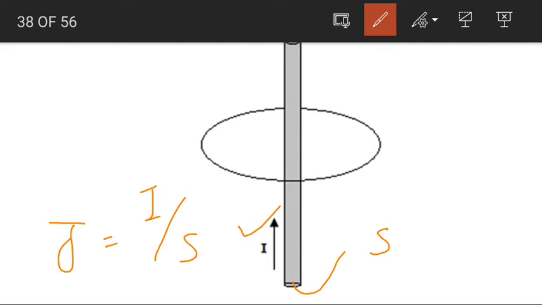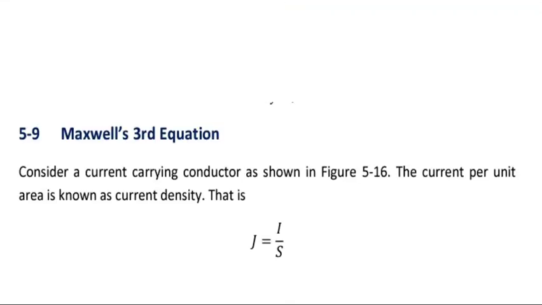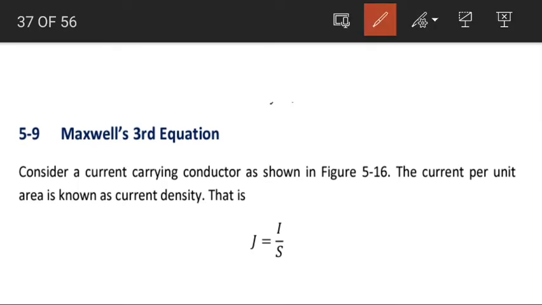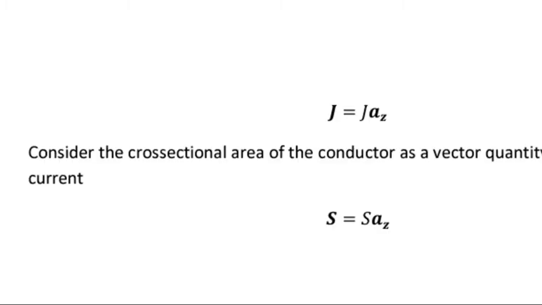The current in this conductor is I, and the cross-sectional area of the conductor is S. So the current density of this conductor is equal to I by S. So this is the conduction current density, which is basically the current per unit area. This is how we calculate the current density.